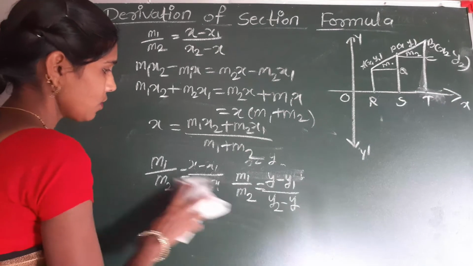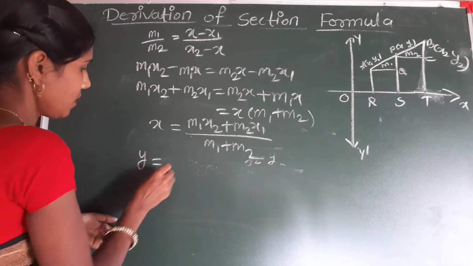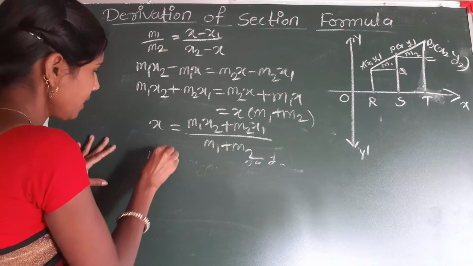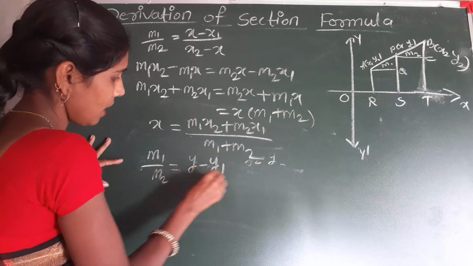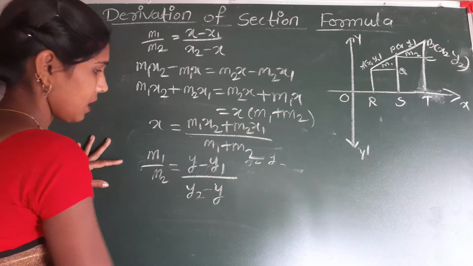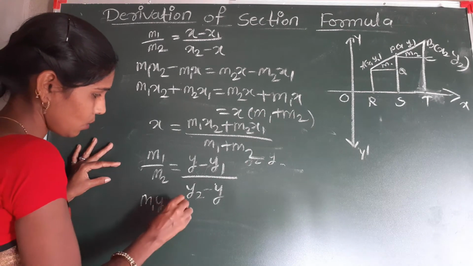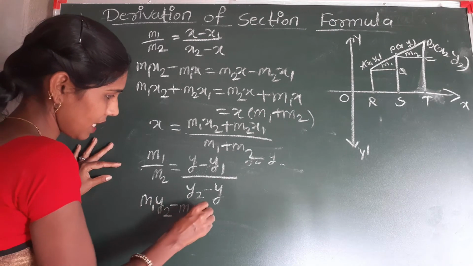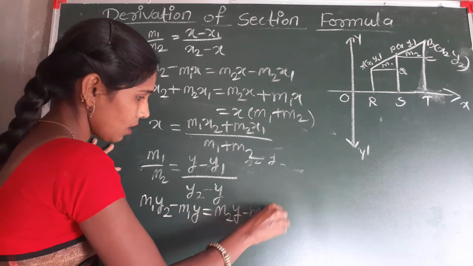Next, I will solve y. m1 divided by m2 is equal to y minus y1 divided by y2 minus y. Next, cross multiplication: m1y2 minus m1y is equal to m2y minus m2y1.